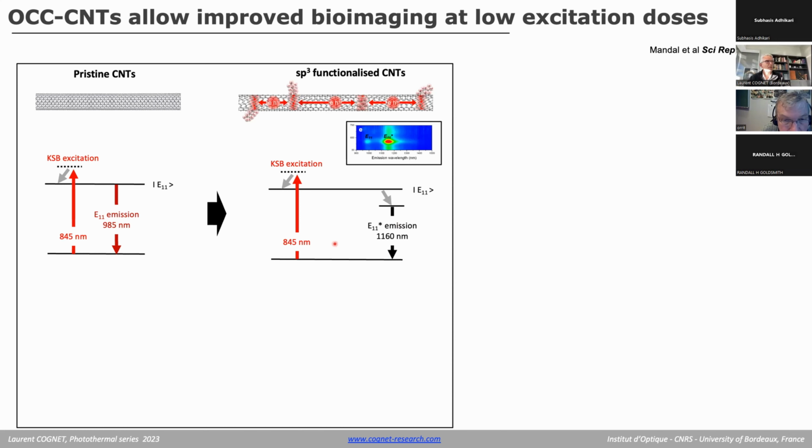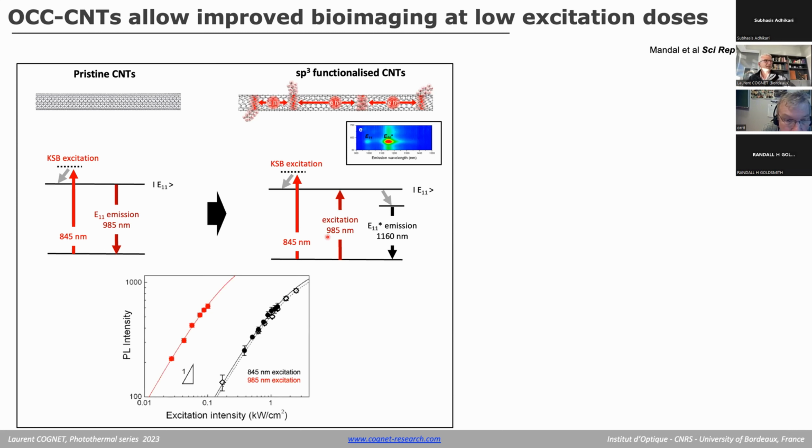And when you think about that, this provides you a possibility to perform resonant excitation on the band edge here. And that's very interesting because this is a very strong absorption line. And what we did is to look at the single molecule level, the photoluminescence intensity as a function of excitation intensity.